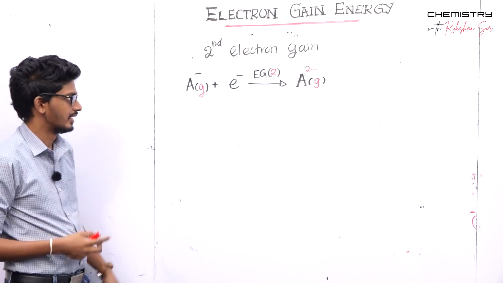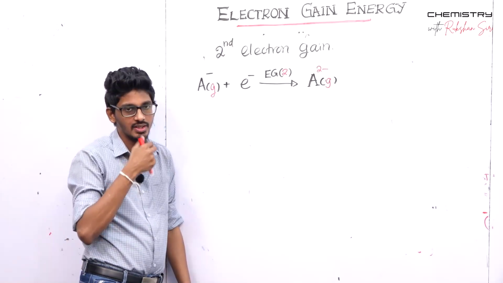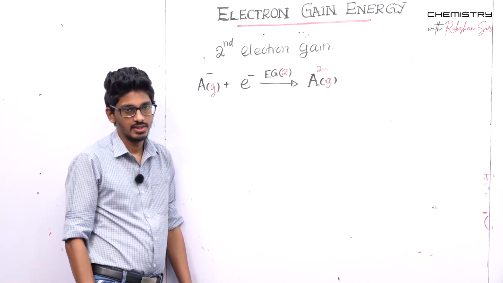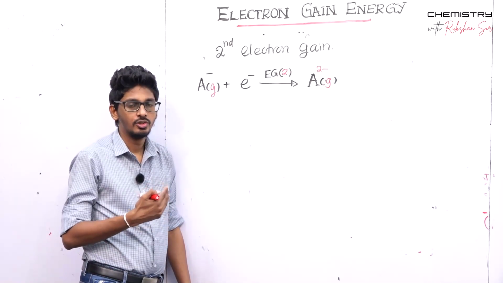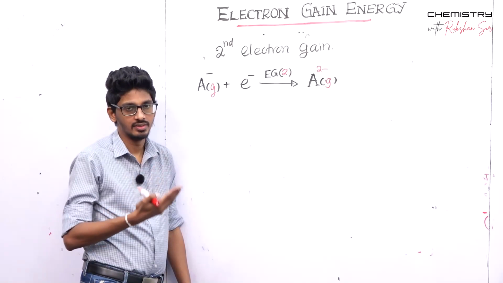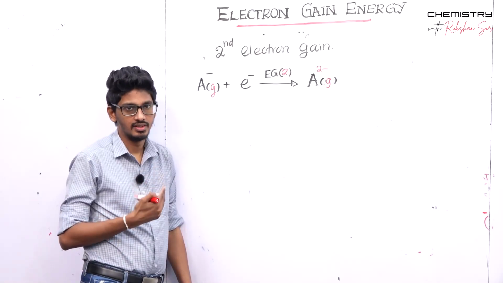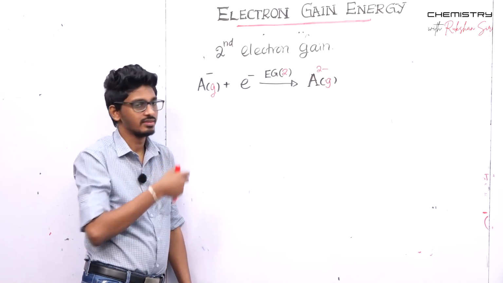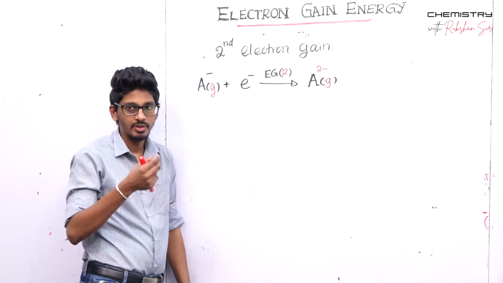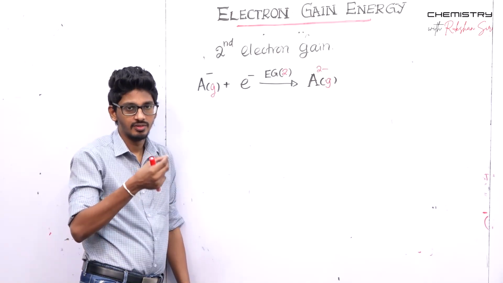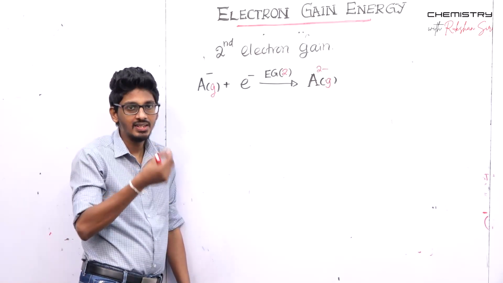So, like the ionization energy, that is the idea. The first ionization energy means producing the 1 plus gaseous ion by releasing an electron. Second ionization means producing the 2 plus gaseous ion by releasing an electron. Third ionization is producing the 3 plus gaseous ion by releasing an electron. Electron gains are also like that. First electron gain means producing the minus 1 gaseous ion by gaining an electron.